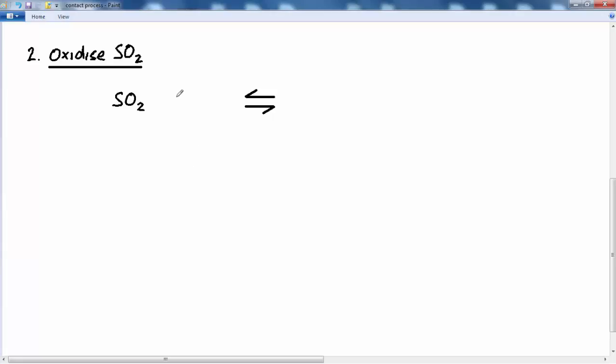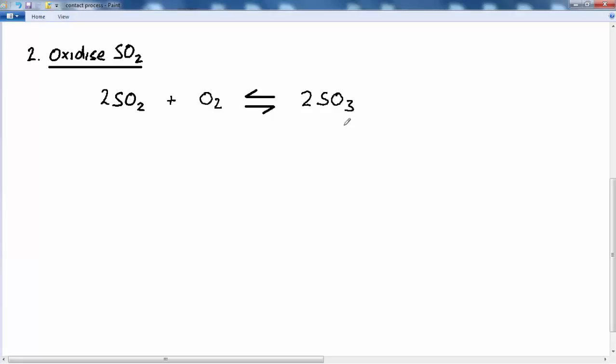So we've got sulfur dioxide plus oxygen is going to form sulfur trioxide. Okay, so let's just balance the equation. So we have 2 sulfur dioxide there and 2 sulfur trioxide here. Okay, so what we need to do is understand the conditions in this reversible reaction that favour the production of sulfur trioxide.